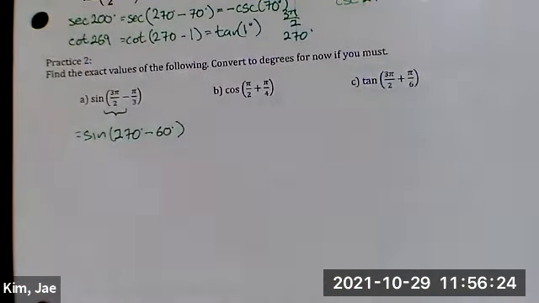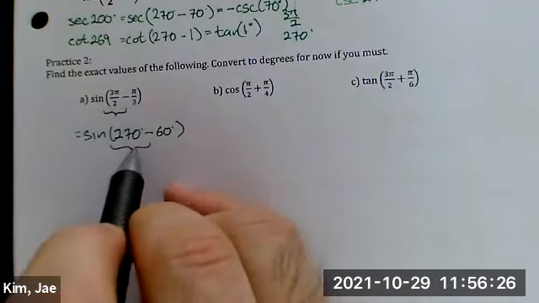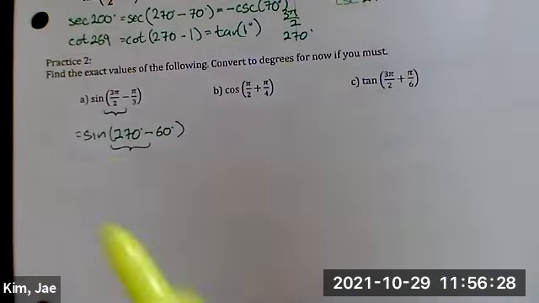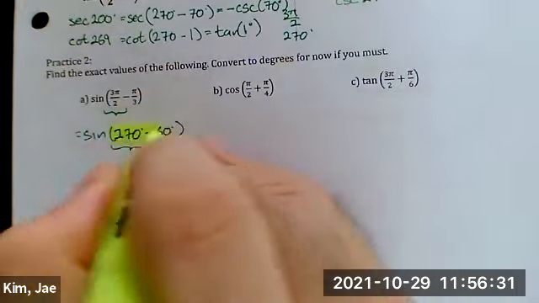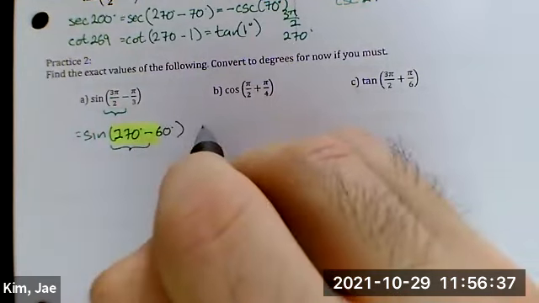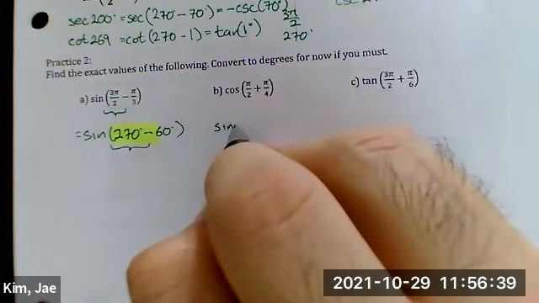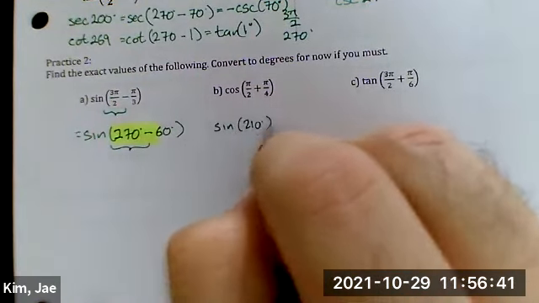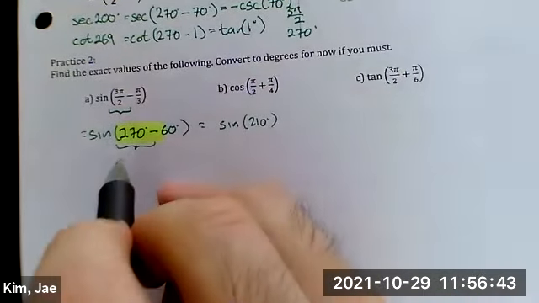What quadrant is it? Just from looking at this part right there. Yeah, right. So 270 minus 60 is sort of like saying it's sine of 210, right? So you know it's in quadrant 3.